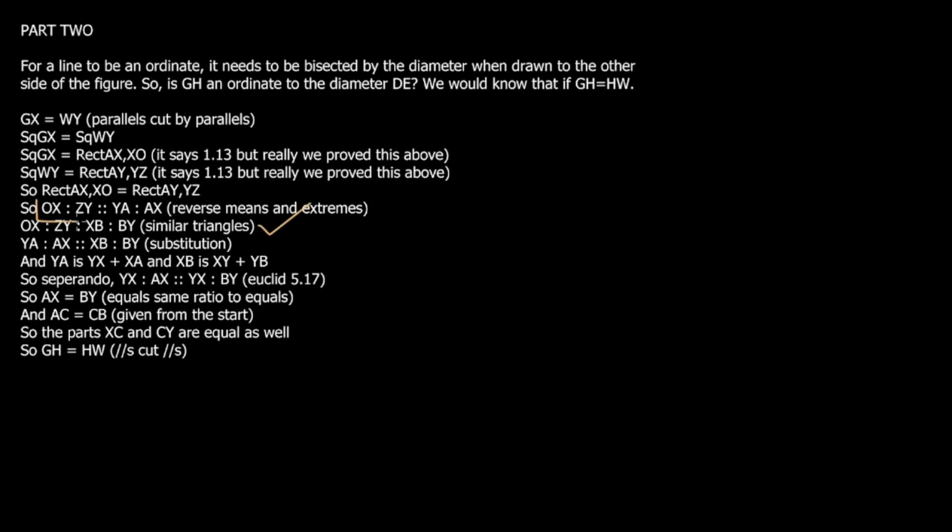So over here we have OX to ZY, we have this term again, so on one hand we're going to bring down this term over here, and on the other hand bring down this term over here, because as OX is to ZY, OX is to ZY. That's the implied step there.